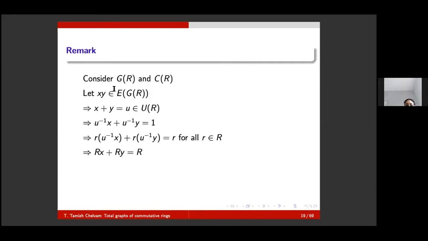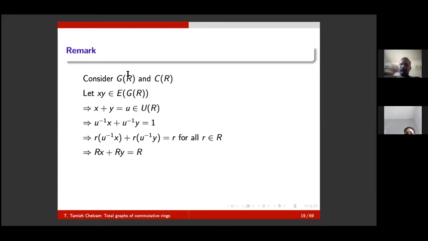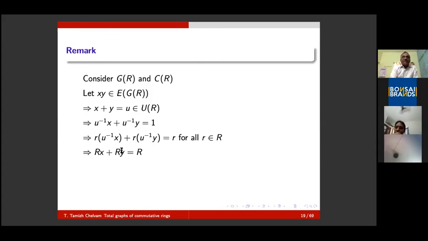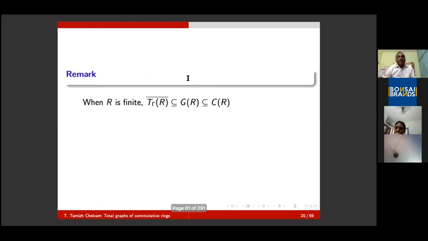So please note that the unit graph G of R and the comaximal graph C of R both have vertex set R. Suppose there is an edge in the unit graph; it is also an edge in the comaximal graph. Thereby, the unit graph is a subgraph of the comaximal graph.